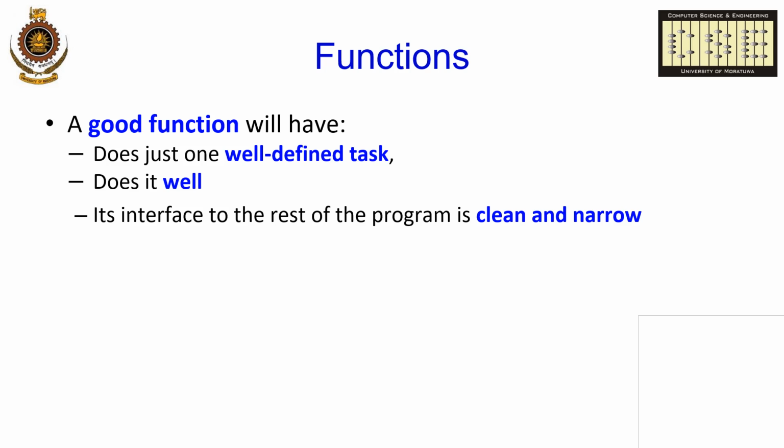And when you have a well-defined task for that function, it's easy to name it also. The name directly suggests what task that function is doing. And inside the function, the task should be done well in an efficient way, right? That's more the programming skill and algorithms knowledge and data structures. Everything comes into that, right?